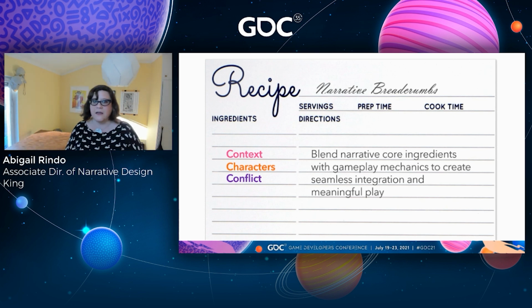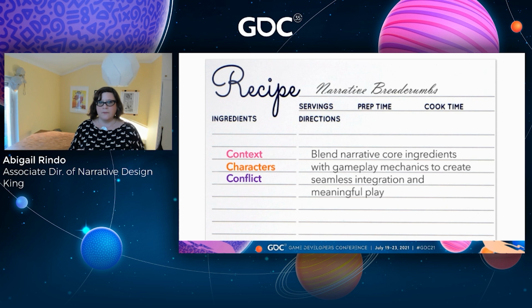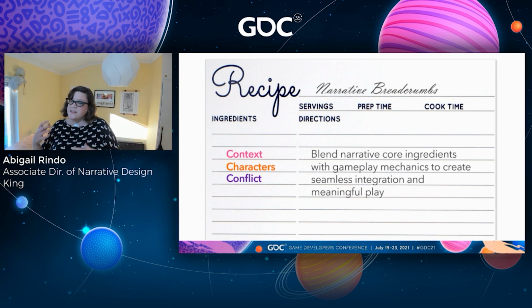Like kneading bread dough to build strength in that dough, you need to seamlessly blend your story elements into your gameplay and strengthen those events to create deep and meaningful impact.